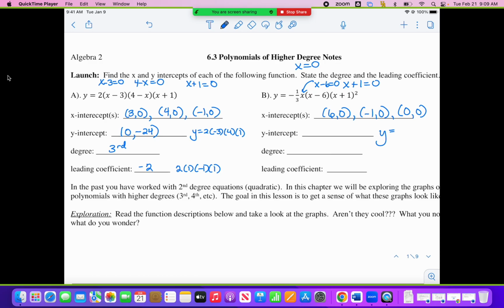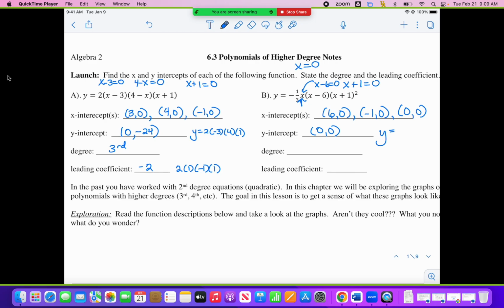Okay, so what about this x right here? 0. Isn't the whole thing 0 then? Yeah. Okay, so what's interesting is, do you see where is the only place on a coordinate grid where the x-intercept and y-intercept are the same? The origin, right? Okay, that's at the origin.